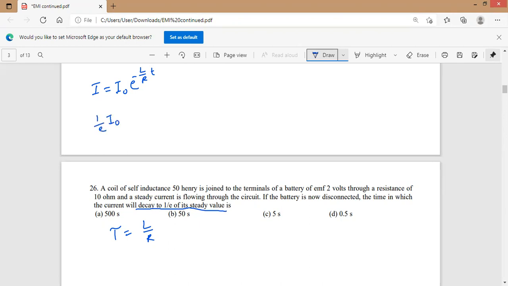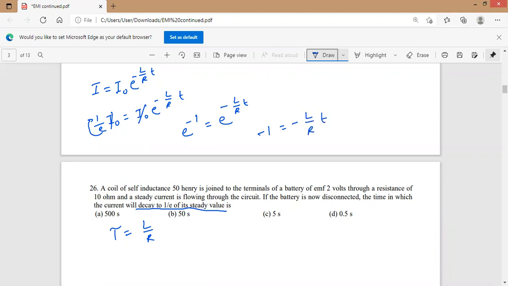I is equal to 1 by e I naught is equal to I naught e to the power of minus L by R into t. I naught cancel. Now we get e to the power of minus 1 is equal to e to the power of minus L by R into t. Compare the powers.